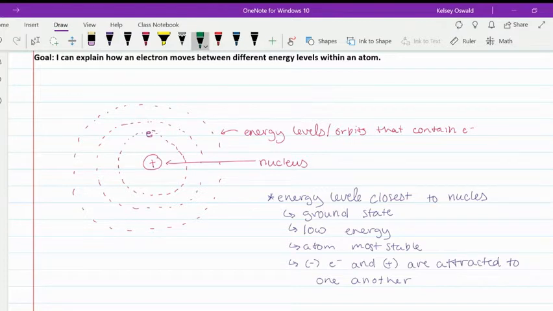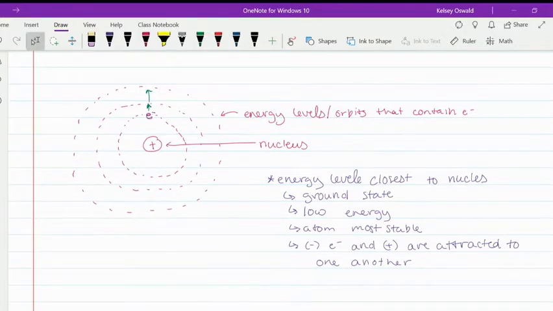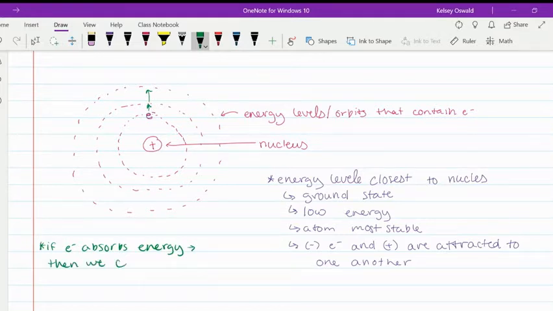However, if we do want to increase the energy of that electron and move it to a higher energy level, our electron would need to absorb energy. If our electron absorbs energy, then we can move to a higher energy level.